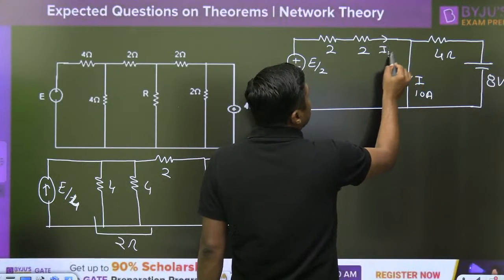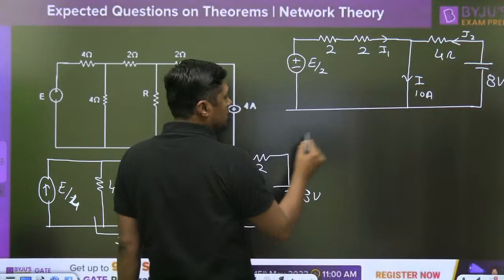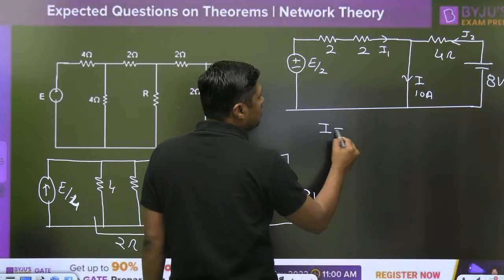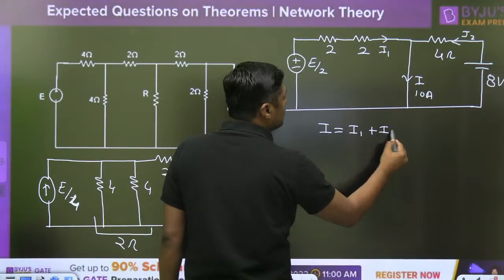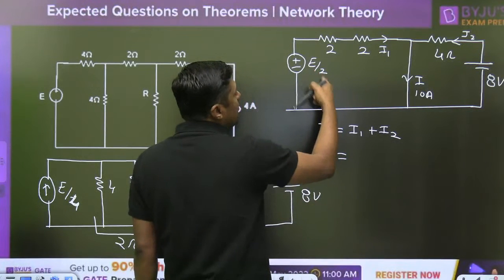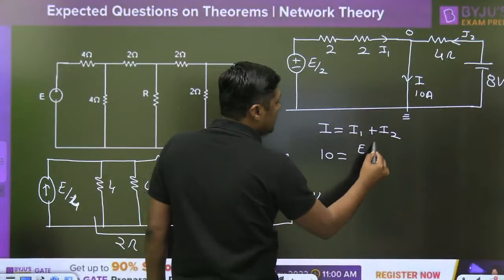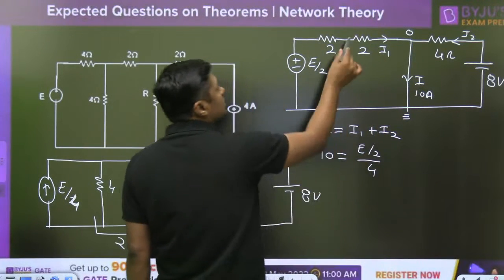This is the I1, this is the I2. I1 plus I2 is equal to 10 ampere. So I can write I is equal to I1 plus I2. This is the 10 is equal to, what is the I1? E by 2 divided by 4, because this is connected to 0 volt.